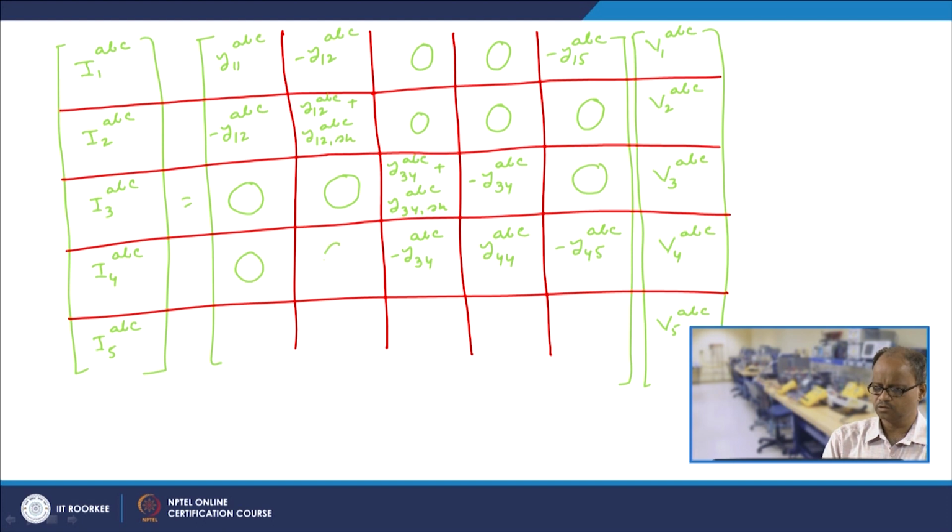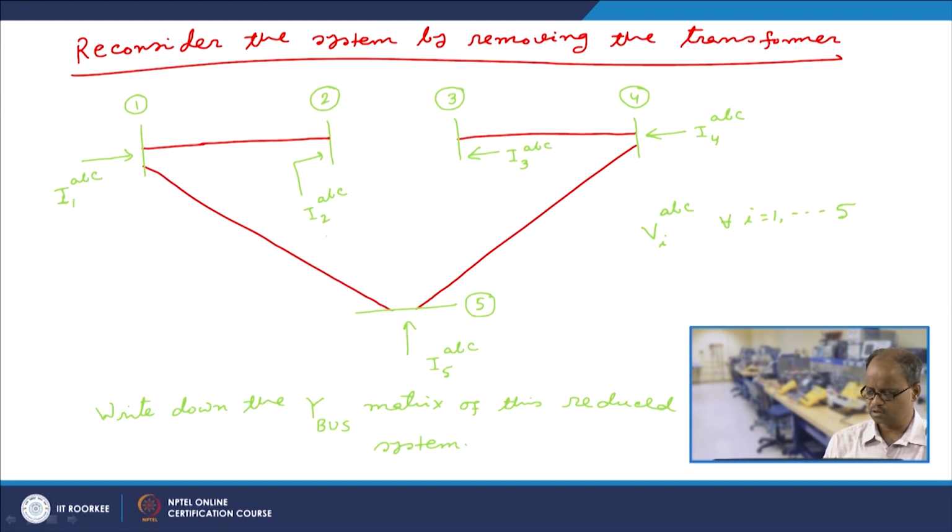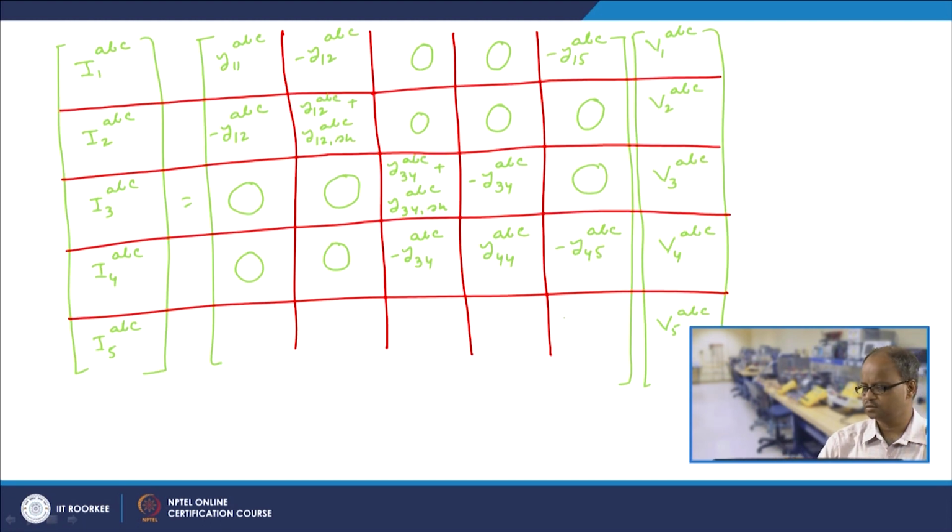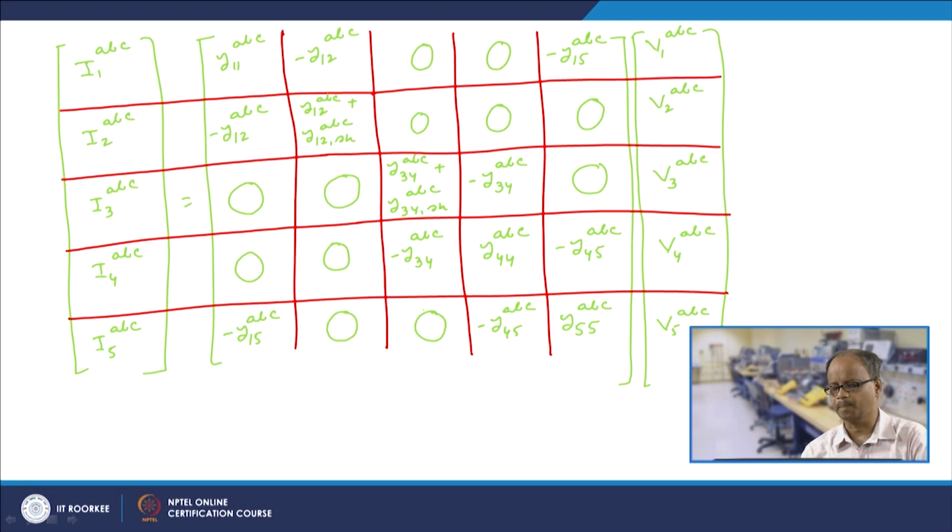This would be 0, and then the last one is bus 5, which is connected to bus 4 and bus 1. So this is Y55 ABC, minus Y45 ABC, minus Y15 ABC, 0 and 0.